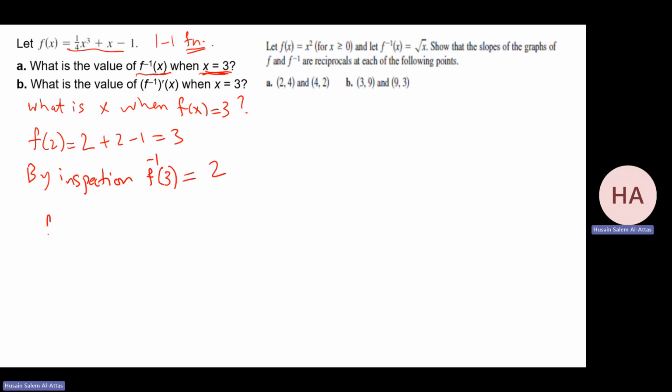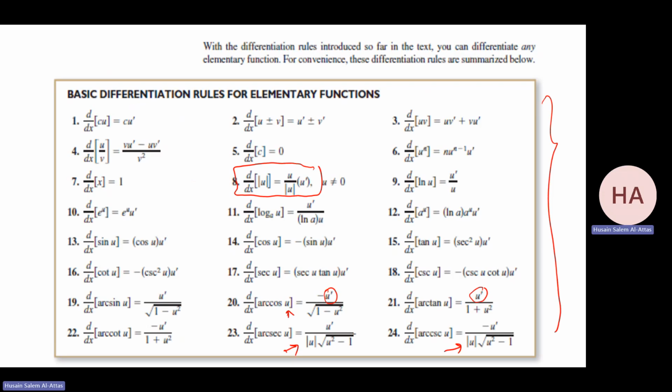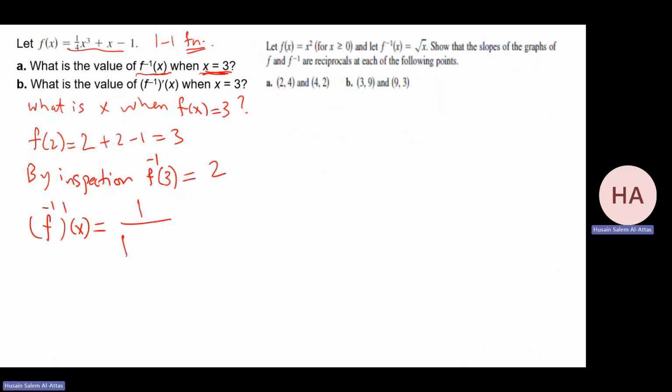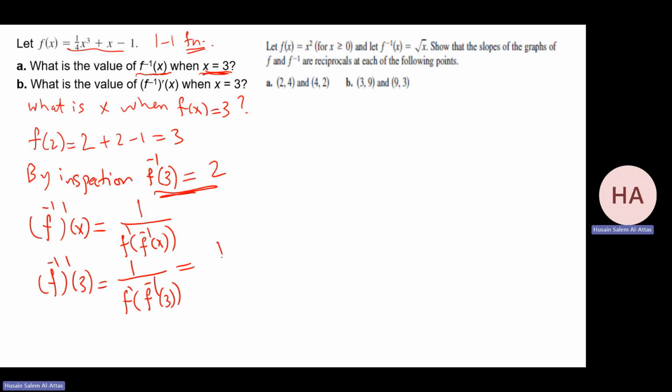Now, to find the derivative of f inverse, according to this formula, it is 1 over f prime at f inverse of x. So f inverse prime at 3 will be 1 over f prime at f inverse of 3. I know f inverse of 3 is 2, so that will be 1 over f prime at 2.